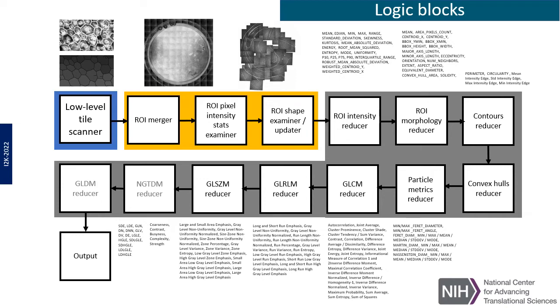Those blocks are displayed in 3 color zones. Zone number 1 is parallel when computer memory permits storing the whole pixel cloud of the region of interest. Zone 2, the orange zone, is mostly sequential. Zone 3 calculates features in parallel batches by unique segment label.